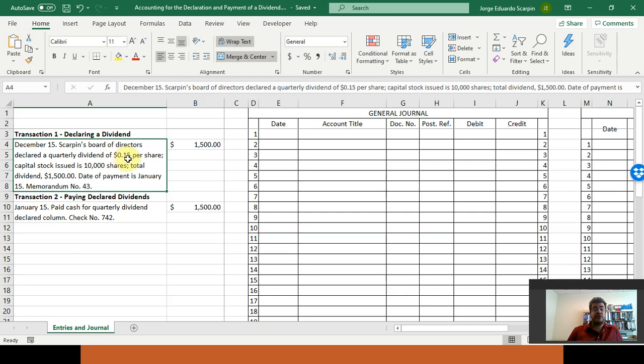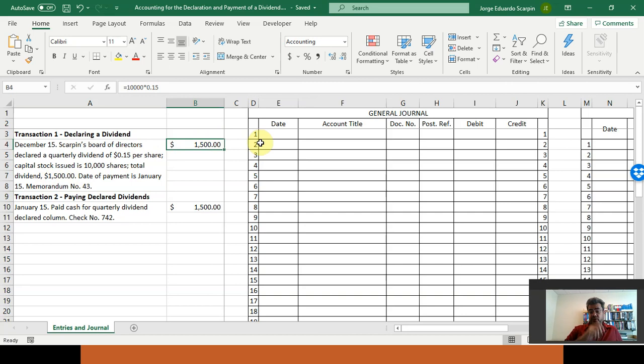And our capital stock issued is 10,000 shares. So the total dividends, 1,500. How do we find the 1,500? 15 cents times 10,000 shares, 1,500. And we will pay it in January of the following year.